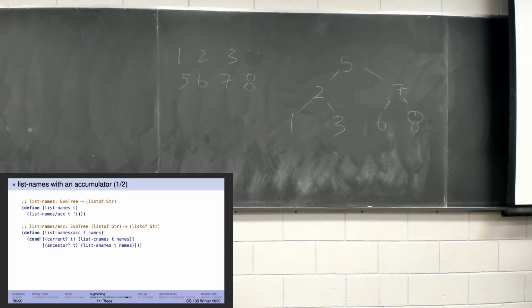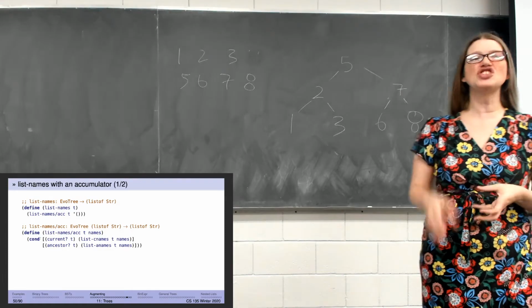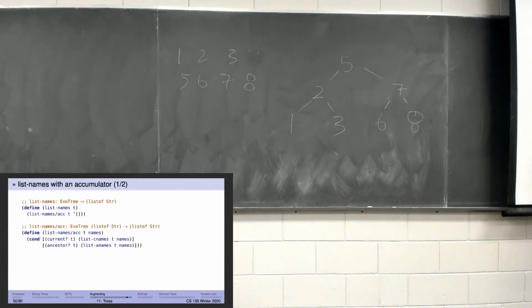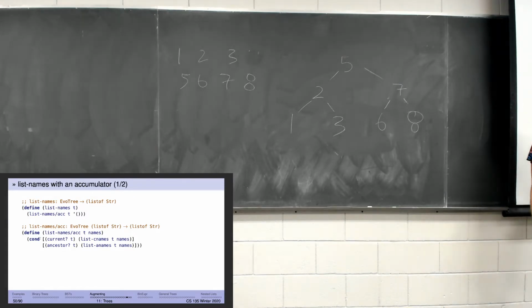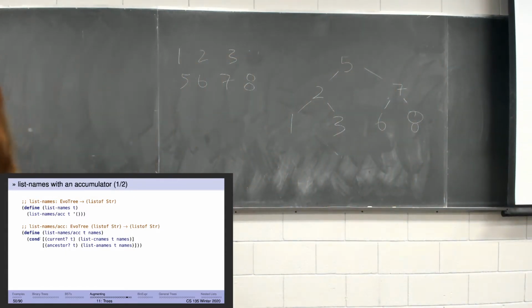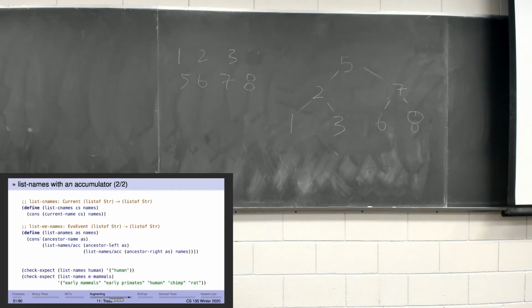We aren't going to produce the name. We're going to do something with the name of this node and the accumulator. And otherwise, if we are an ancestor, then we are going to do something with this node and the accumulator as well. So this is really just figuring out what helper function do I need to call based on what kind of node this is.